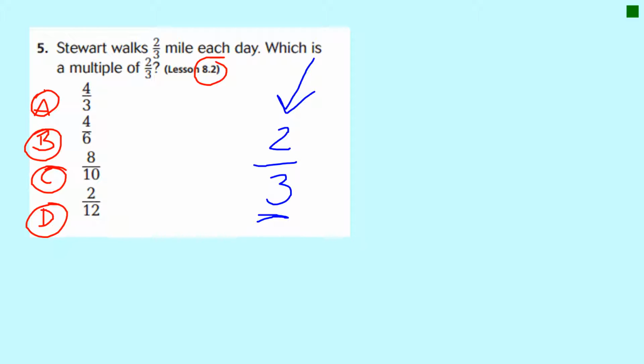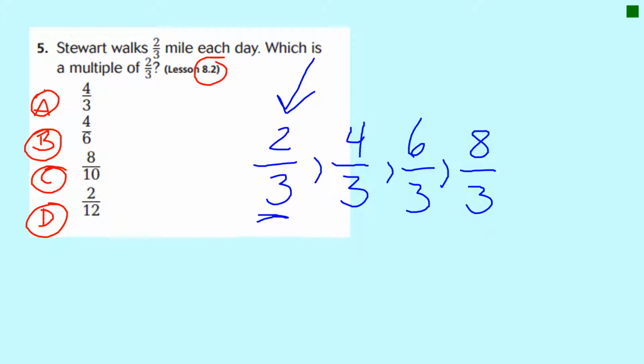We have 2/3 of a mile. Okay, 2/3. So if he walks another 2/3, that's going to be 4/3. Another 2/3, 6/3. Okay, another 2/3 is 8/3.